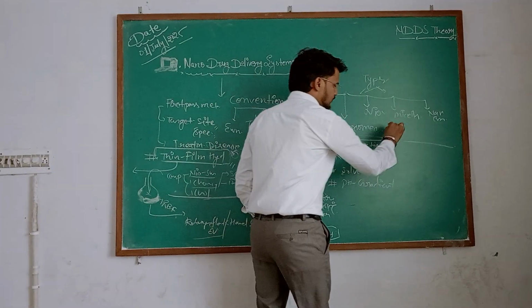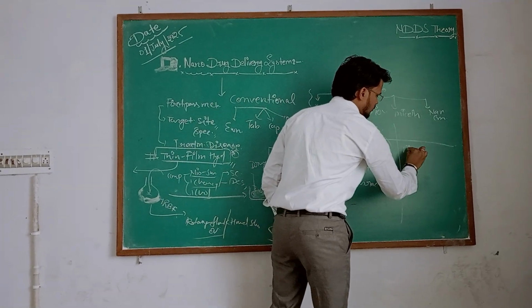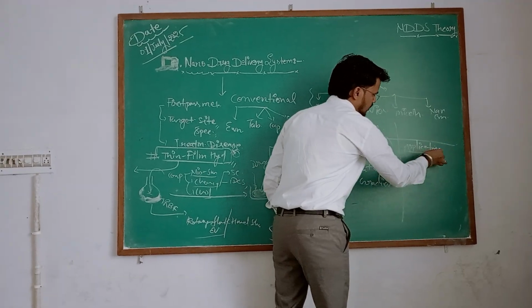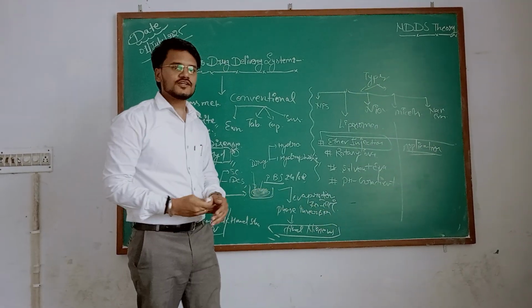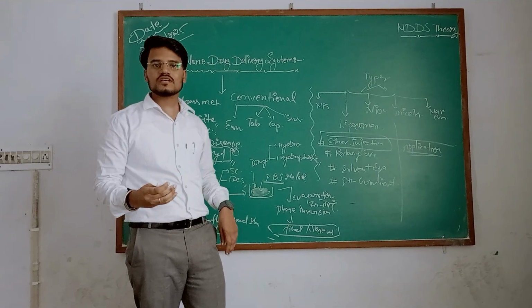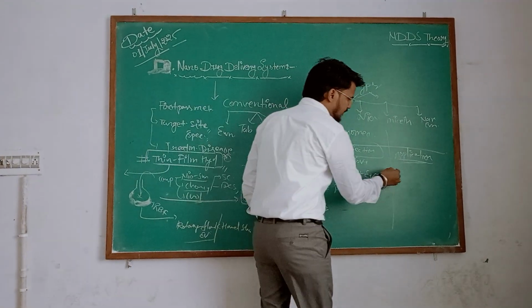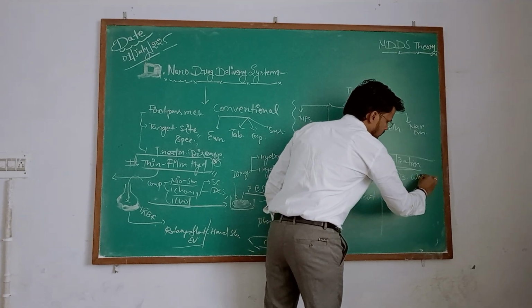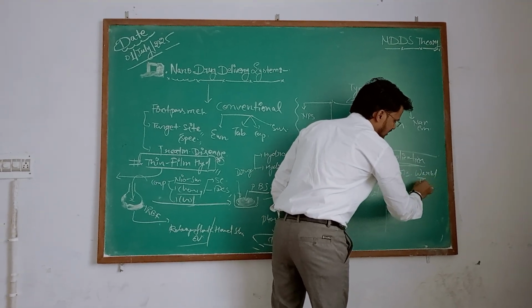What are the basic applications of particular targeting nanocarriers? In the current scenario, niosomes are widely used for the treatment of TB, the world's second most killing disease.